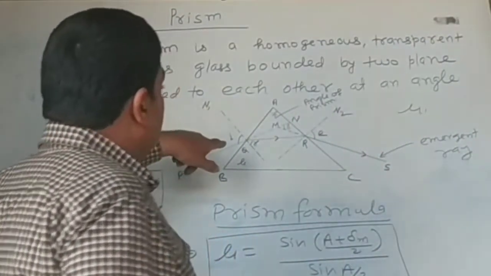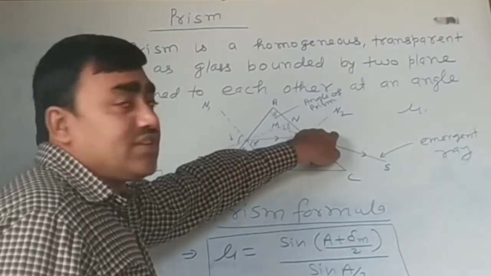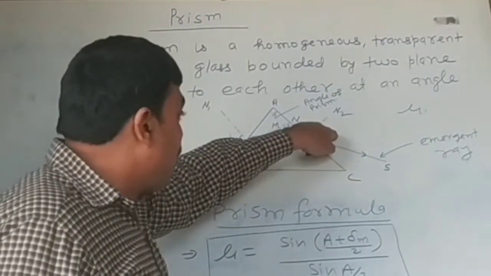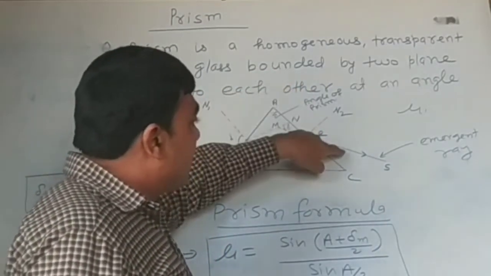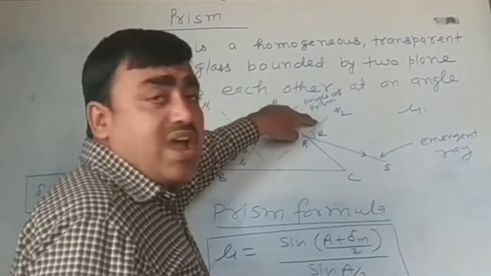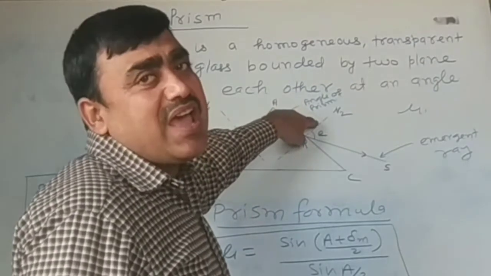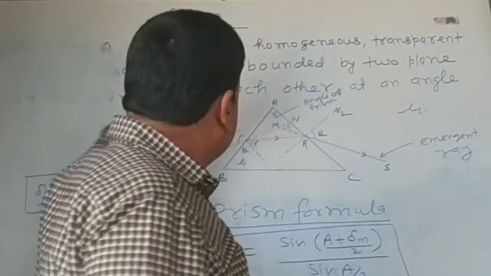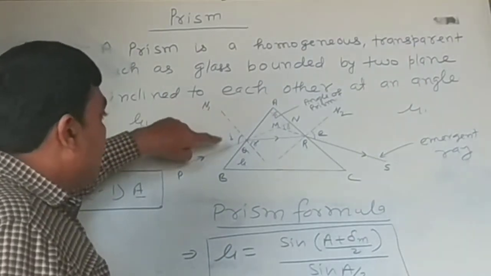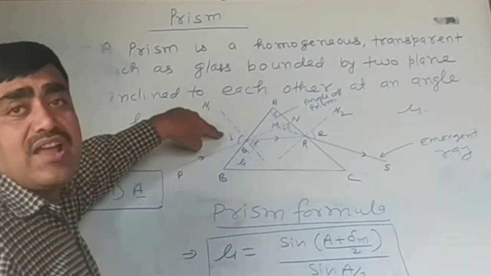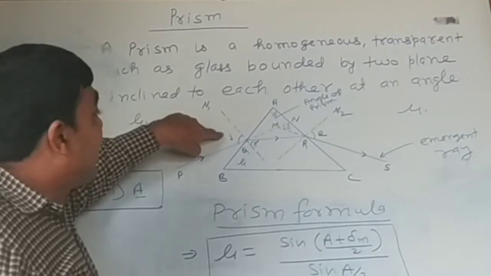The angle of the emergent ray is called angle of emergence. That means the angle between the emergent ray and the normal is called angle of emergence, and the angle between the normal and the incident ray is called angle of incidence.